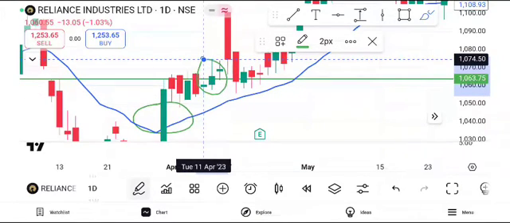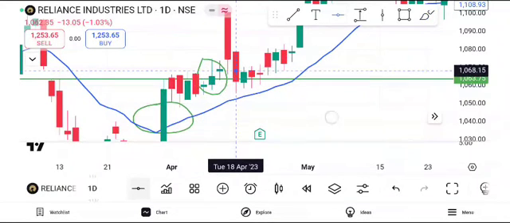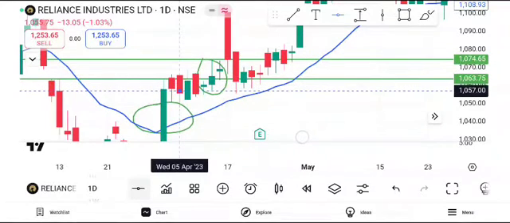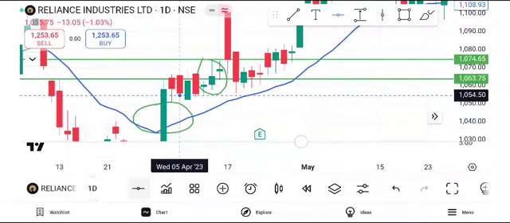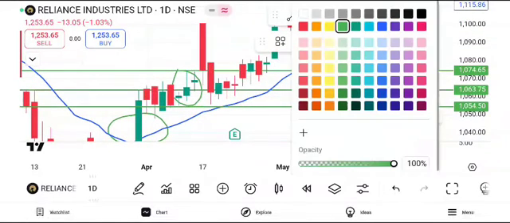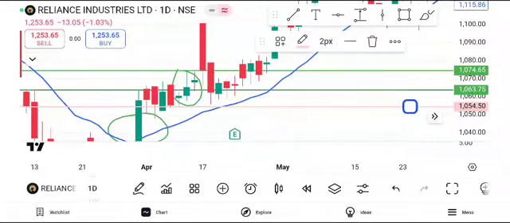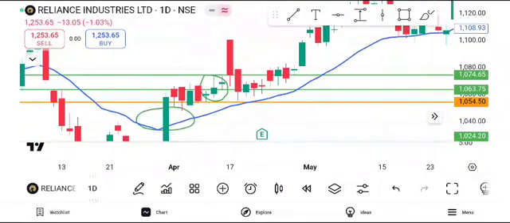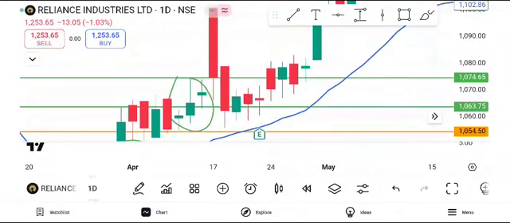This above candle will be the entry, and this candle will be the stop loss, and if we take a buffer, this red candle will be the buffer. Now if you take the entry at 1074, the stop loss will be 1054.